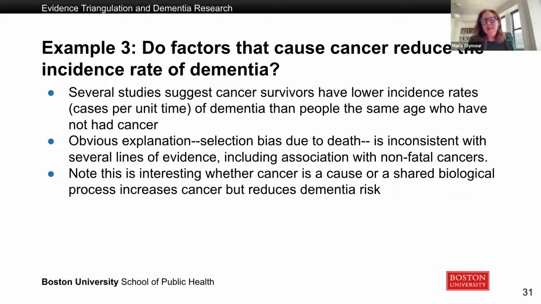The fundamental feature of dementia is that it causes cognitive deterioration and loss, and looking at within-person change in cognition over time is a much more powerful and useful framework than looking at incidence of dementia.